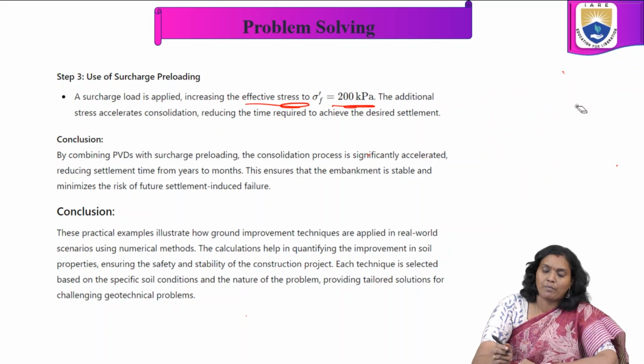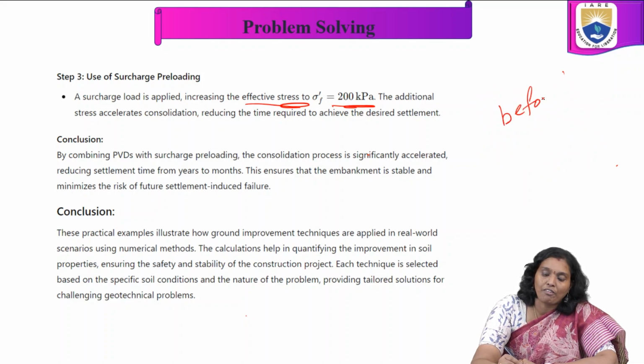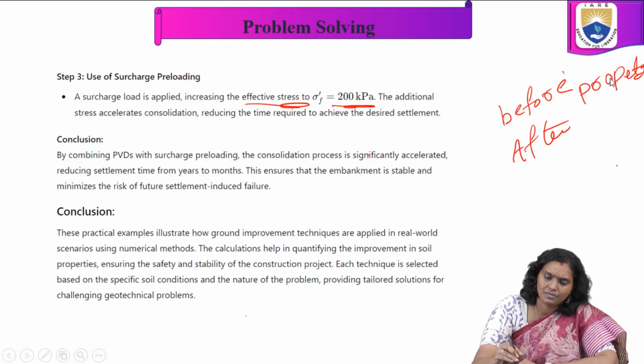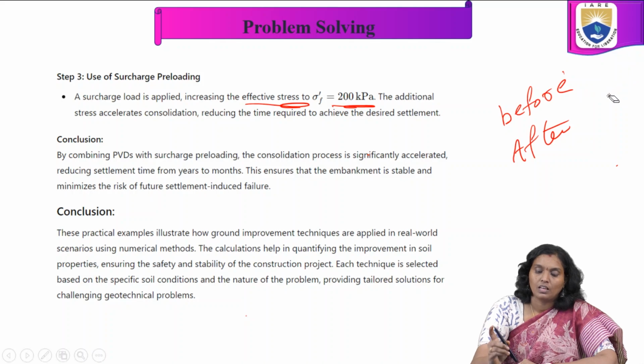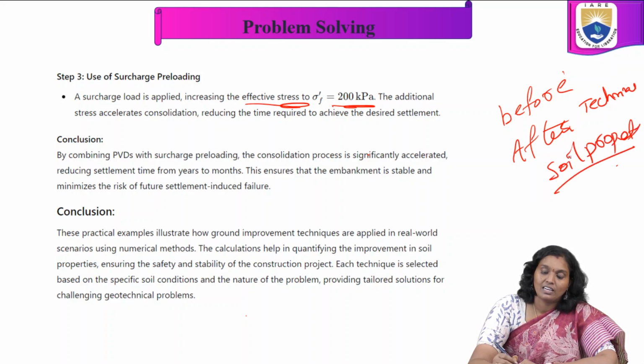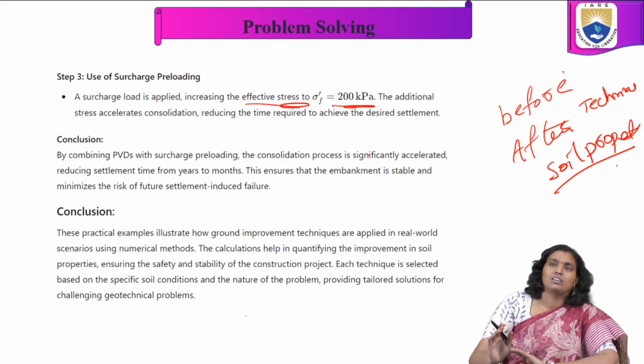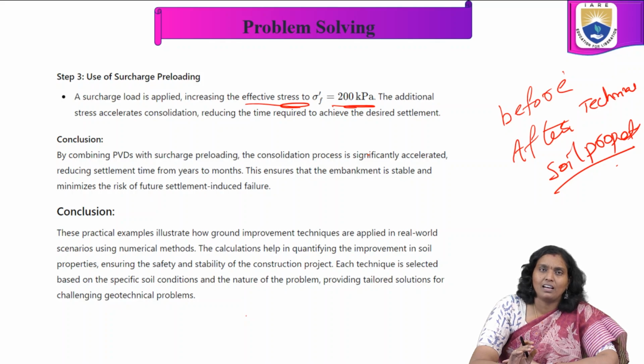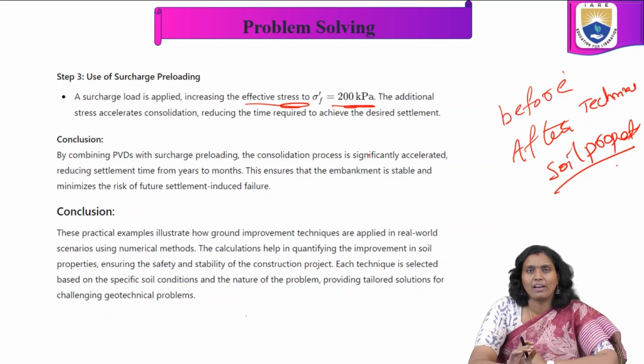Before and after the technique, as per the required property, we do tests for those particular properties. We have to understand the soil properties before and after the technique. Only then will we understand whether it has reached the desired properties or not. That gives a better understanding about these techniques and whether the properties are affected or not.